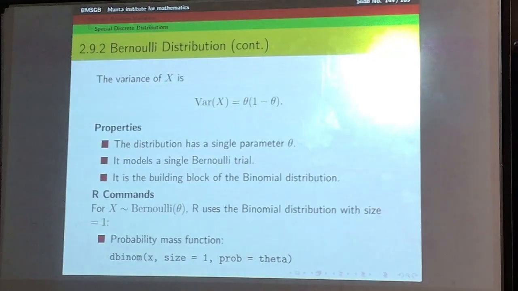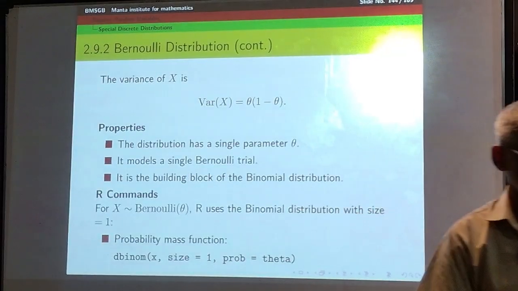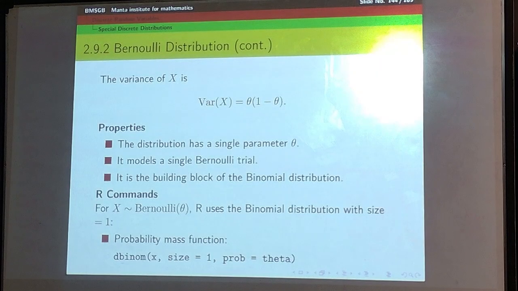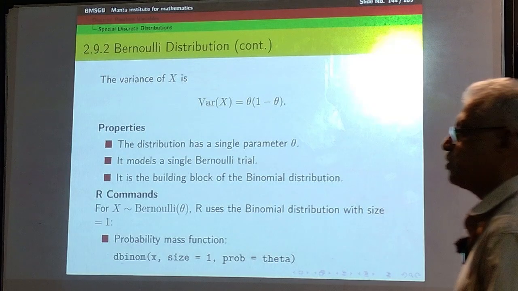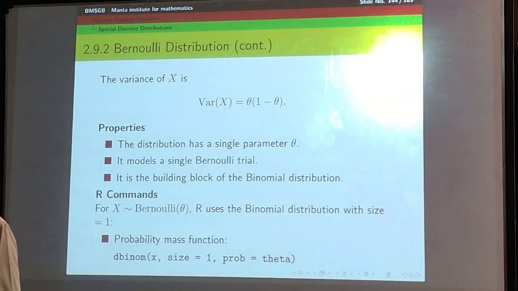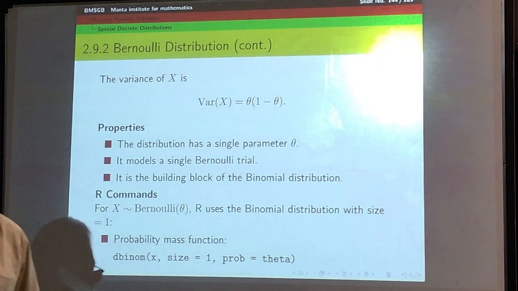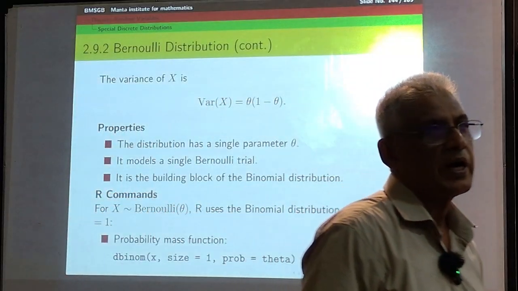I have also added the R commands that you can use to get the density function or the mass function in this particular case, and to calculate probabilities, quantiles, and random number generation. Of course, these are not very useful for the Bernoulli distribution; you only very rarely calculate these. There is no particular distribution for the Bernoulli in R. We have to use the binomial distribution, because the Bernoulli is a special case of the binomial.